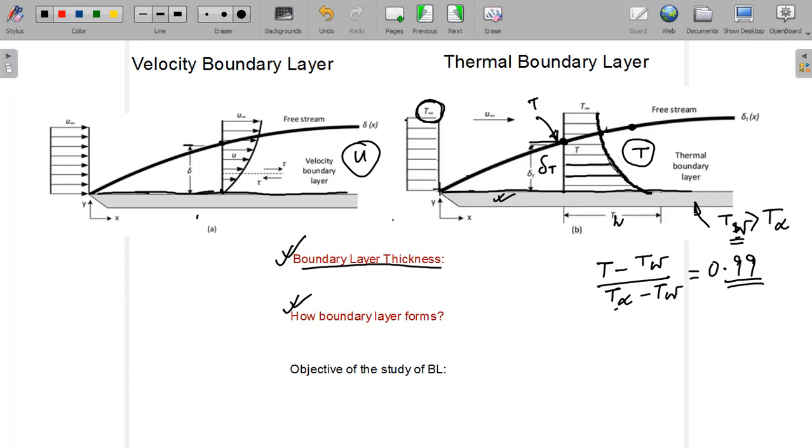Before coming to this plate, the fluid has the same uniform temperature, the free stream temperature. Now as the fluid starts flowing over this hot plate, the fluid layer in direct contact with the hot plate will suddenly feel a change in temperature. So it is a thermal disturbance that occurs on this fluid layer.